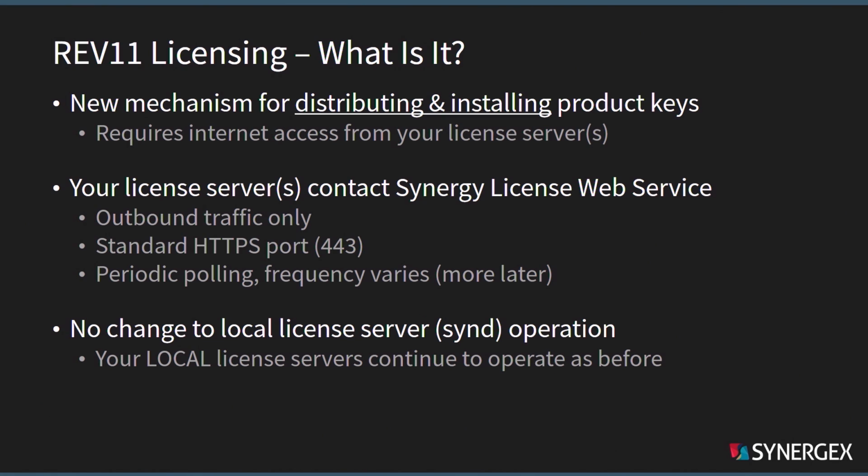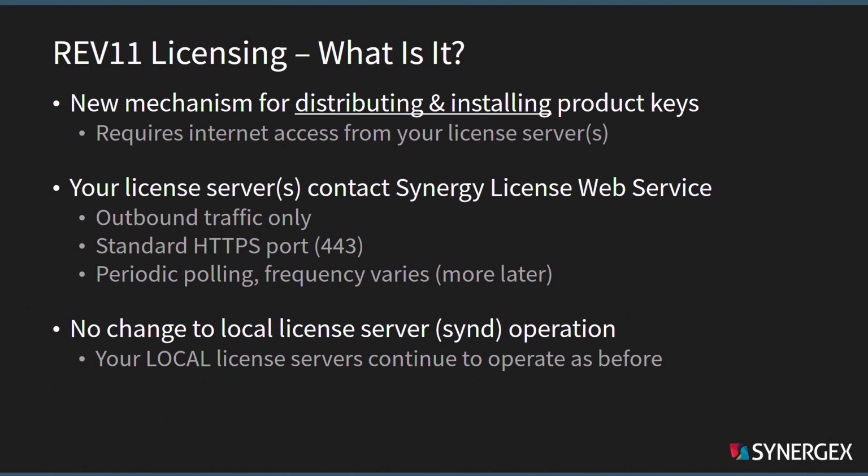And therefore, as you can probably guess, it does require internet access to work properly from your licensed servers. I'll talk about what it needs and how it works and how often it talks in a few minutes' time. Essentially, your licensed server, the SYND process on your Unix, Linux or Windows systems, is going to periodically communicate with a web service out on the internet.